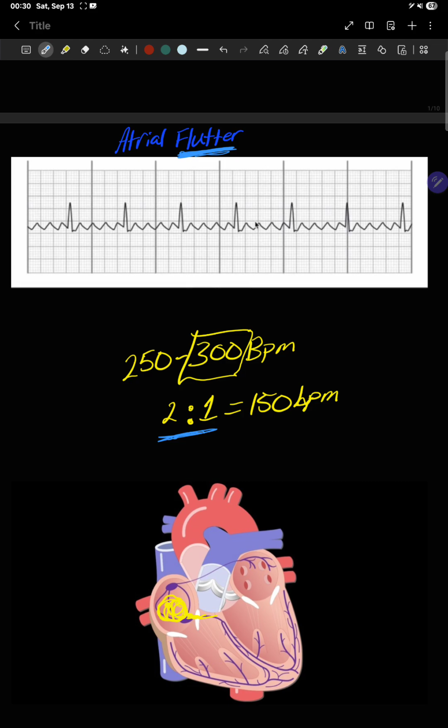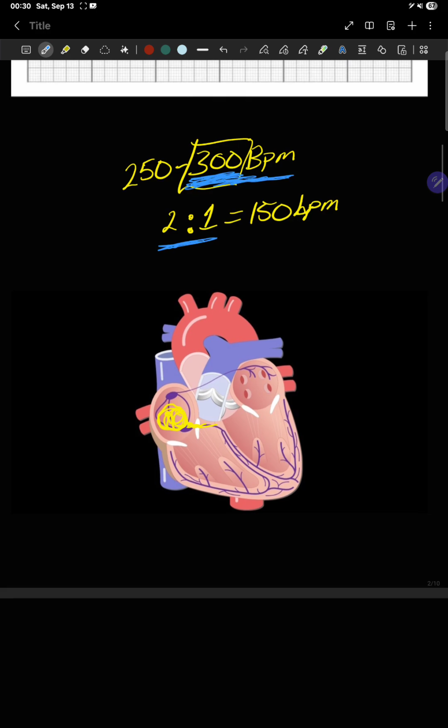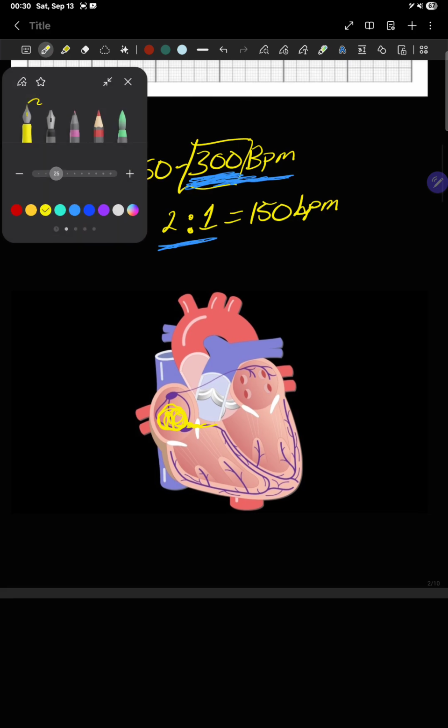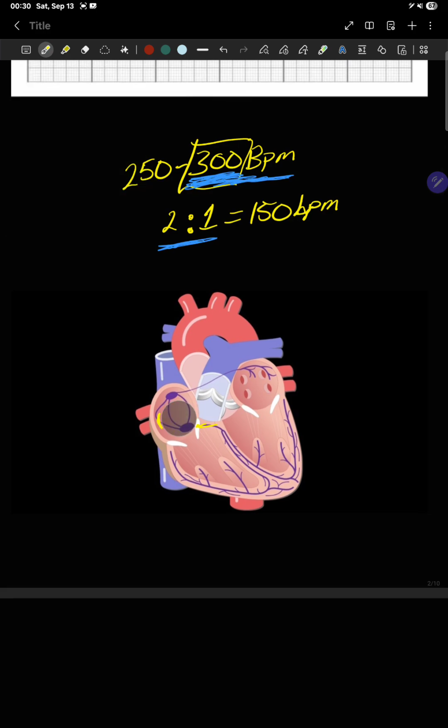Because, remember how I showed you right here that if I had 300 beats per minute that I was trying to fly into the right atria, right here, I'm doing 300. If I had a 1-to-1 ratio, I would have a heart rate of 300, right?